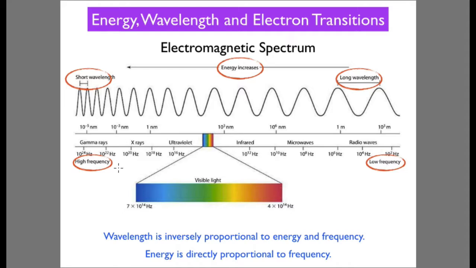Frequency, however, is directly proportional. So as energy increases this way, frequency also increases. And remember that you need to know the wavelengths for violet and for red in the visible light part of the electromagnetic spectrum.